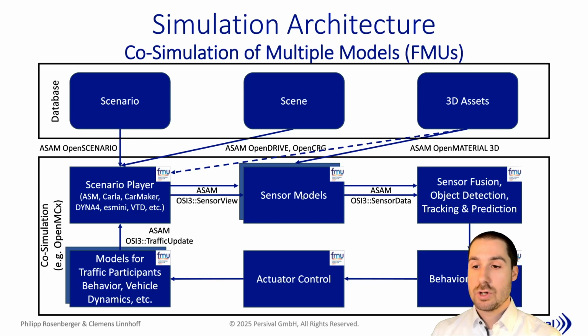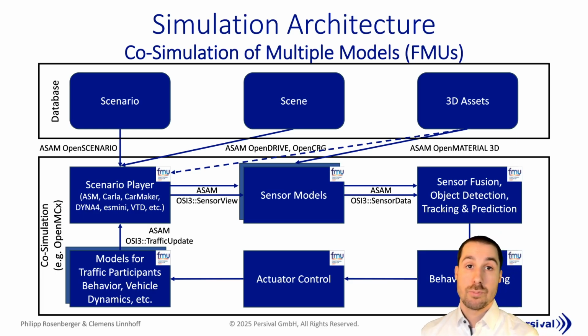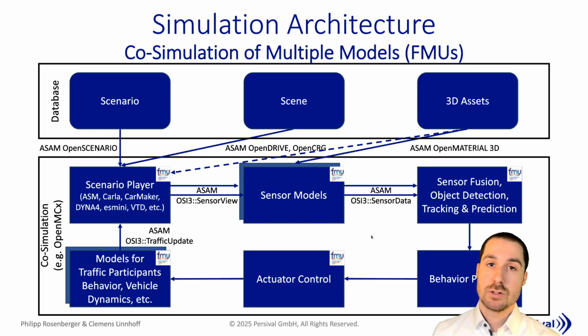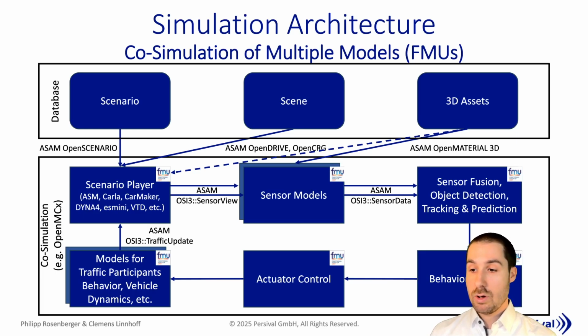The output of that you can feed in a sensor model or multiple sensor models, and the output of them you feed into your perception stack. It can be a sensor fusion, can be object detection algorithms or tracking. And then it goes on in the automated driving architecture.